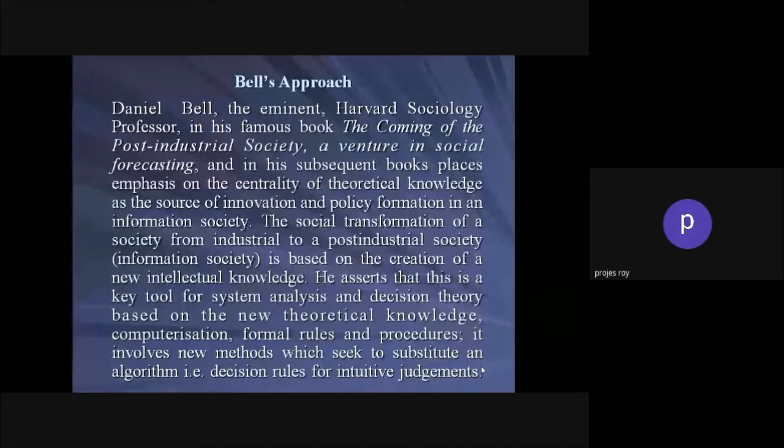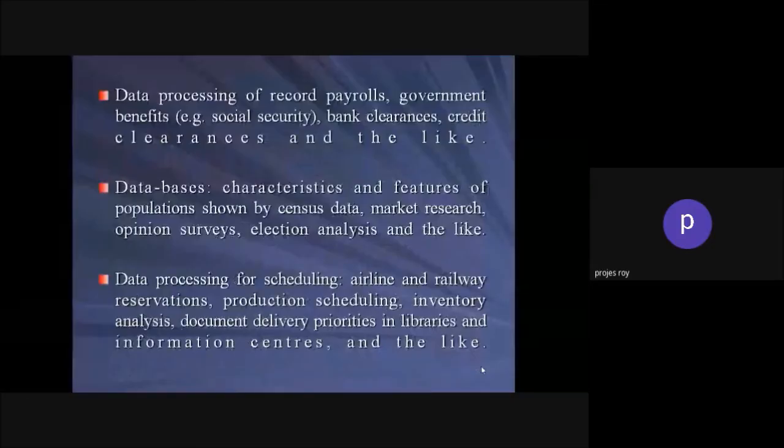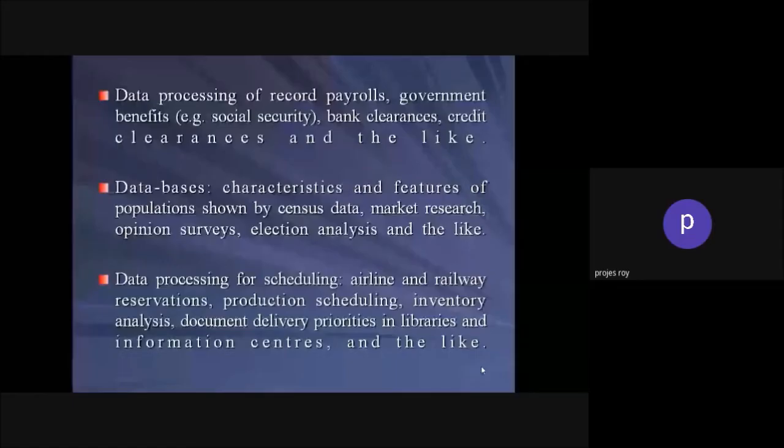He also sketches some ideas: data processing of record, payrolls and government benefits, bank clearance, credit card clearance, and the like; database characteristics, features of population shown by the census data, market research, opinion survey, election analysis, and the like; and data processing of scheduling, airline and railway reservation, production scheduling, inventory analysis, document delivery priorities in libraries and information centers, and the like.